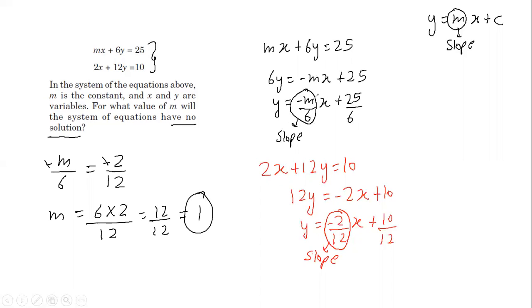So I equated both the slopes because I know in the case of no solutions, these slopes will always be equal. And from there, I get the value of m, which is 1. So I hope, guys, this question is clear. You understand what we mean when we say no solutions? No solution means the lines are parallel.